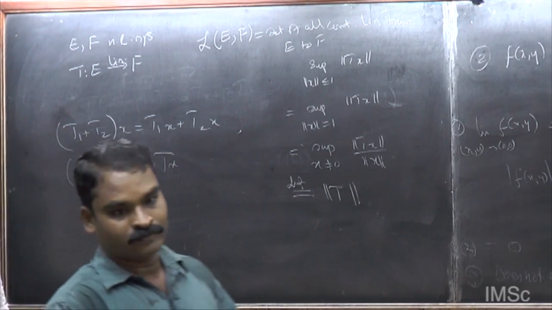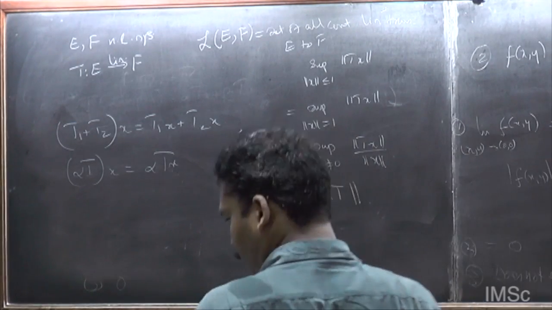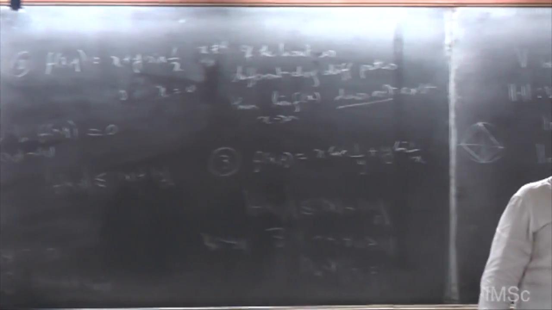So I can define it like this, and this becomes a vector space, and this is a norm on that vector space. So that is also a normed linear space.